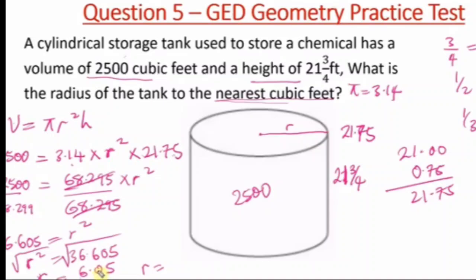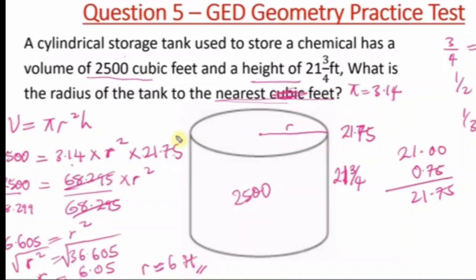It's not up to 5, so we cannot round up by adding 1 to this 6. That's the way approximation is done. So we just leave 6 alone. The radius to the nearest foot is 6 feet.